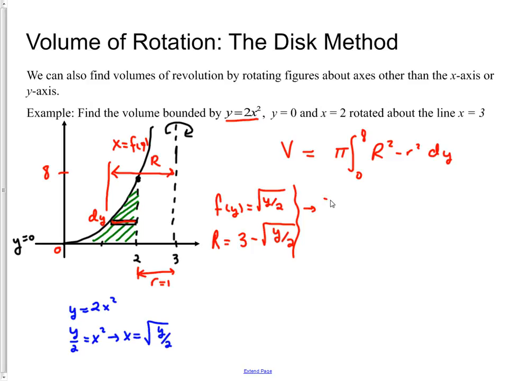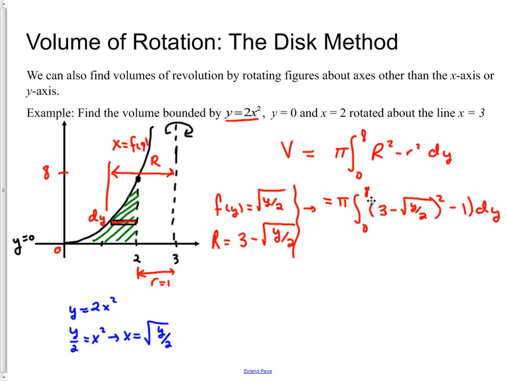So we're going to get pi times the integral from 0 to 8 of the quantity 3 minus the square root of y over 2 squared, minus small r squared, well, that's just 1, dy.